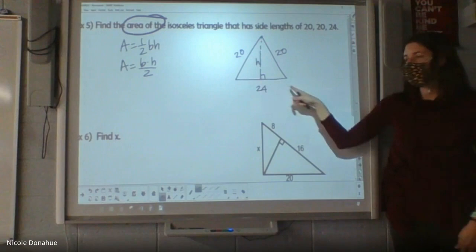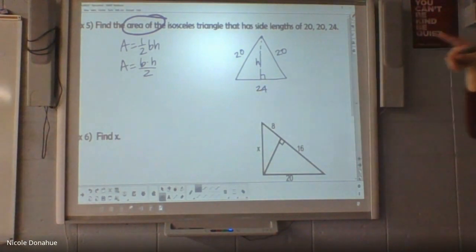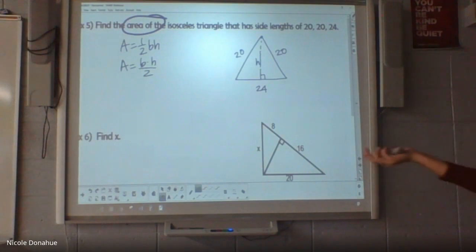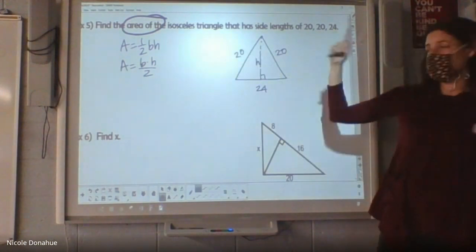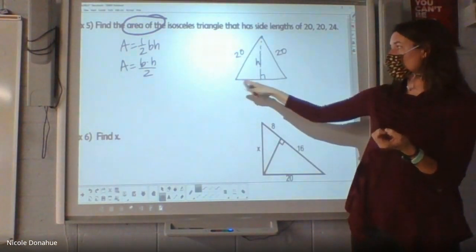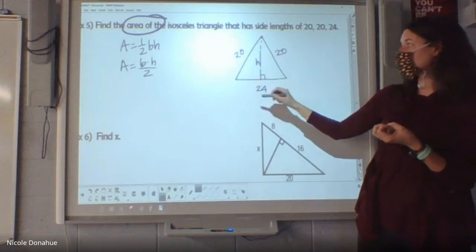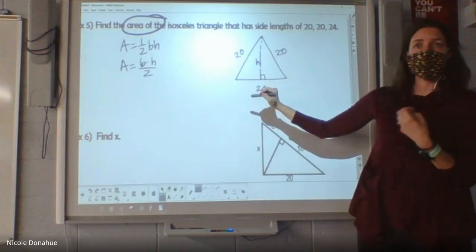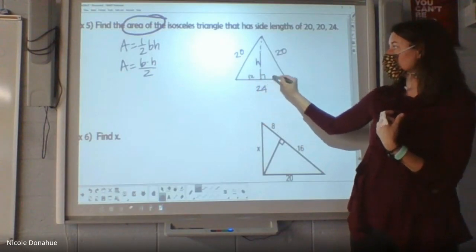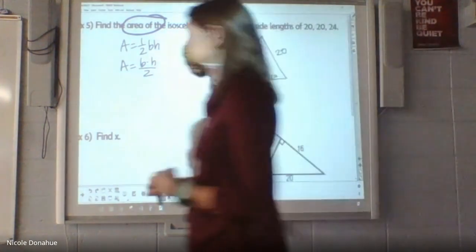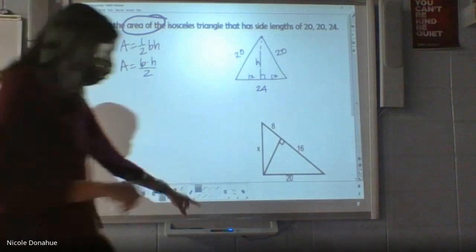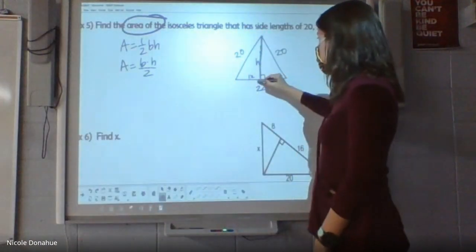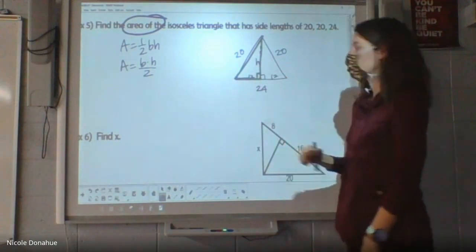What do I know about this line? What's that? It's cut in half. It becomes like a perpendicular bisector. And that's because these two sides are the same length. So this relates back to last chapter. So this is 24. What do I know about those two little lengths? They're both going to be 12. So I should be able to find the height of this triangle because this is a little right triangle here.